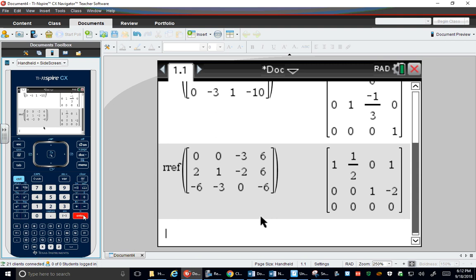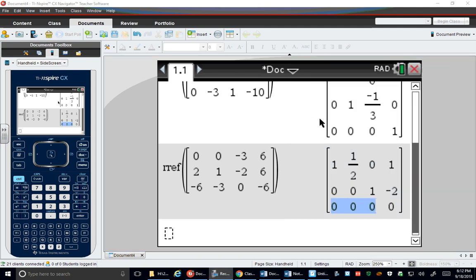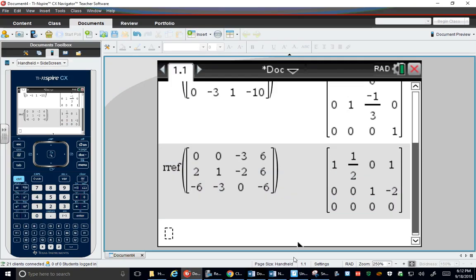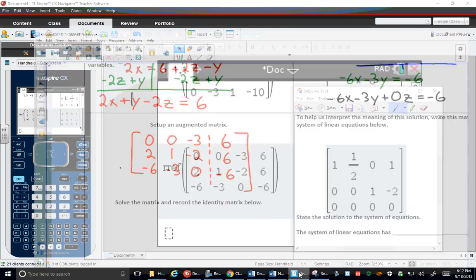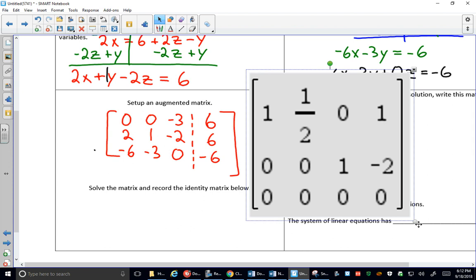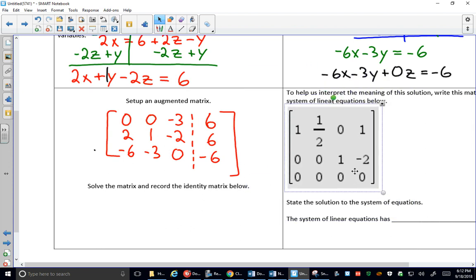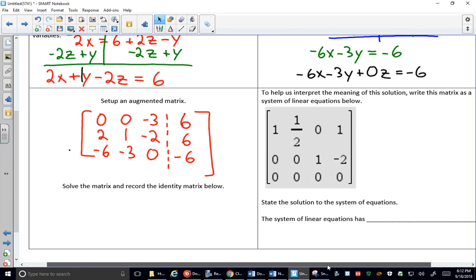Okay, so yet again, we're getting something that has these 3 zeros here. Now that we have this matrix, it's going to tell us what the solutions are.